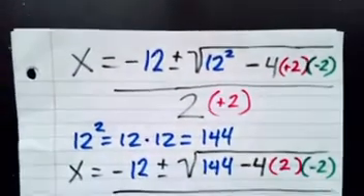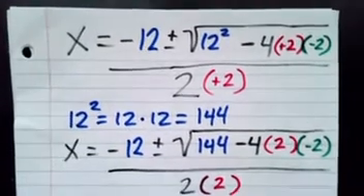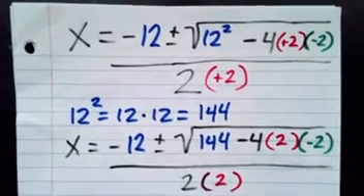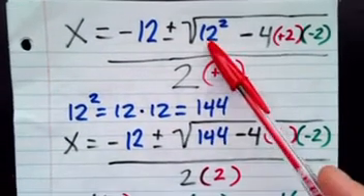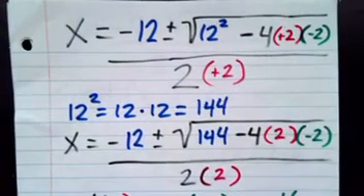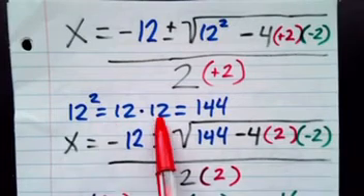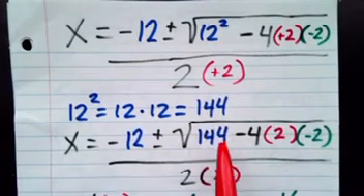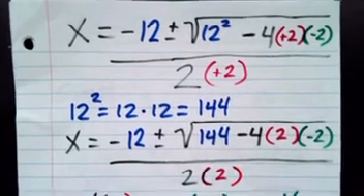Moving forward, we have all our values here substituted. Okay, so I wanted to show you that 12 squared, remember we're doing everything inside the radical, 12 squared is 12 times 12, which is 144. So I simplify one step at a time.